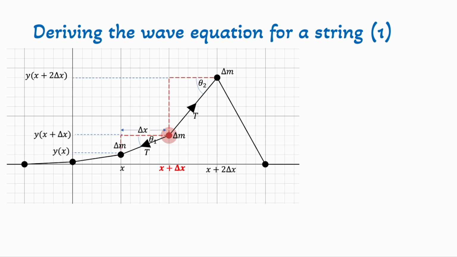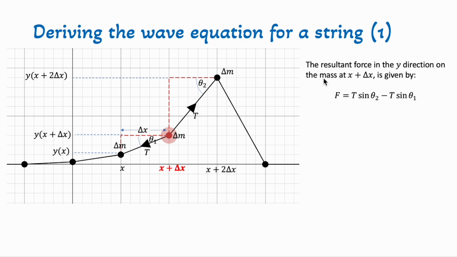And those are going to be subtracted from one another because one's up, one's down. So I can write F is equal to T sine theta 2, that's the component of the tension that is pulling upwards from that up and right tension, minus T sine theta 1, which is the component pulling downwards from the down and left tension.